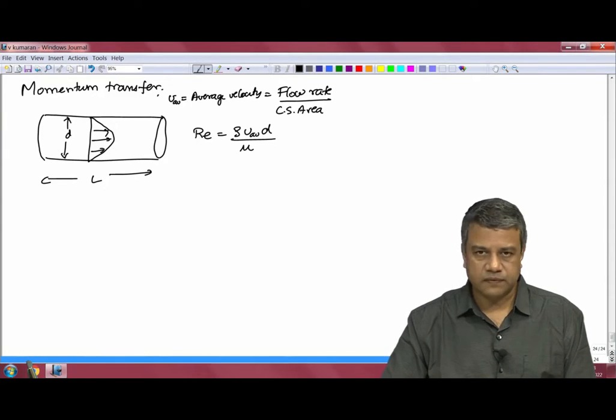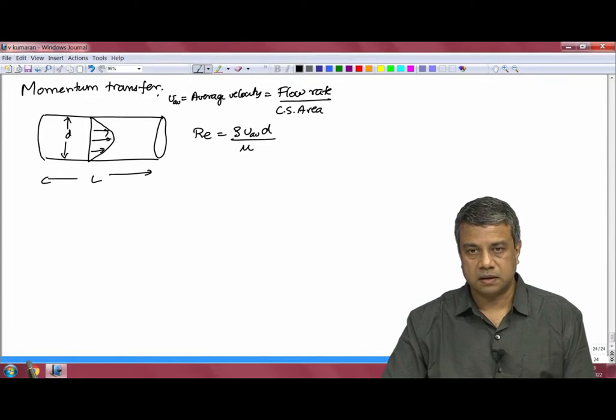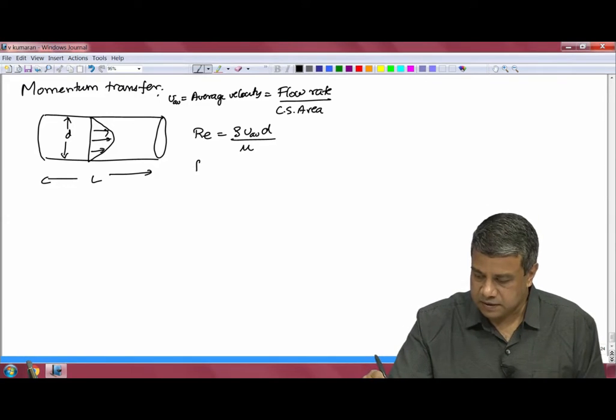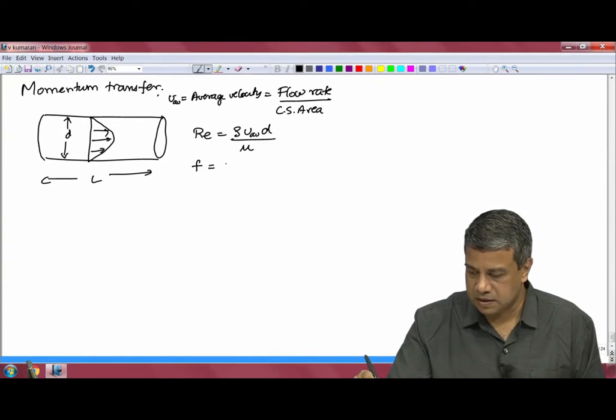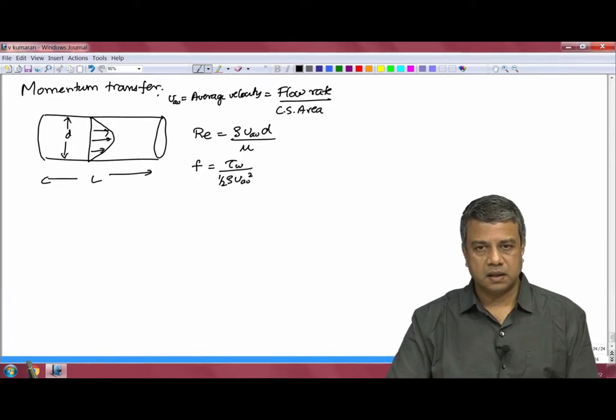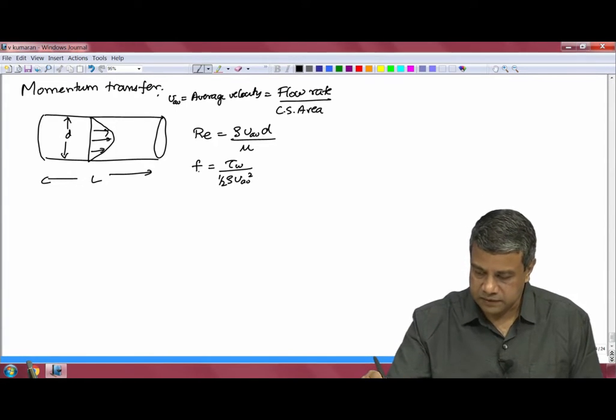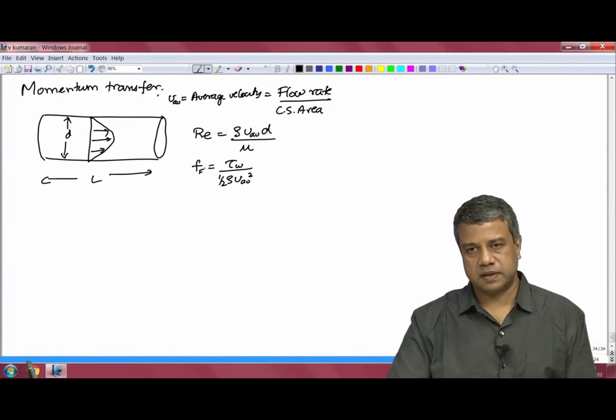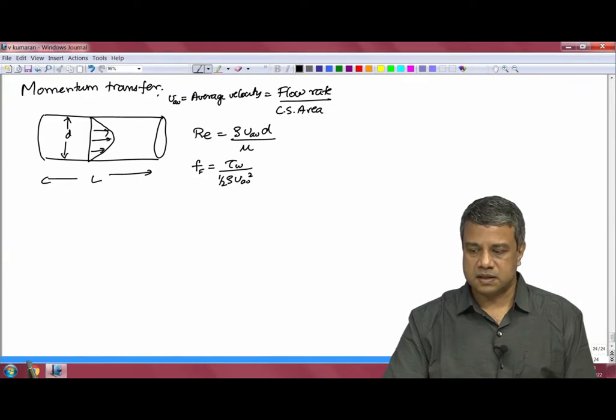And the friction factor, the scaled momentum transfer rate, the scaled momentum flux, is defined as the wall shear stress divided by the kinetic energy density. I had told you earlier that this definition is what is called the Fanning friction factor. The Darcy friction factor is 4 times this.